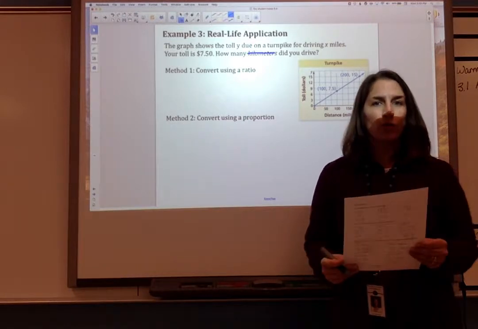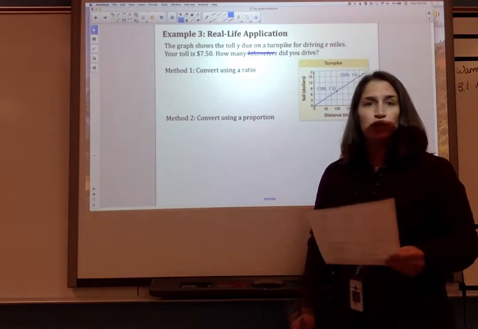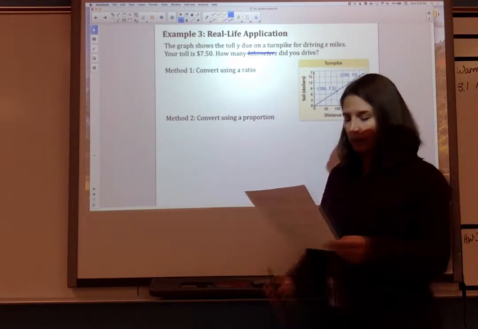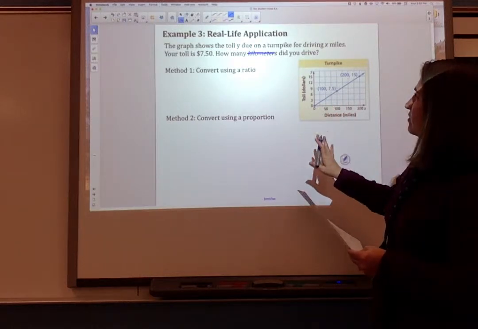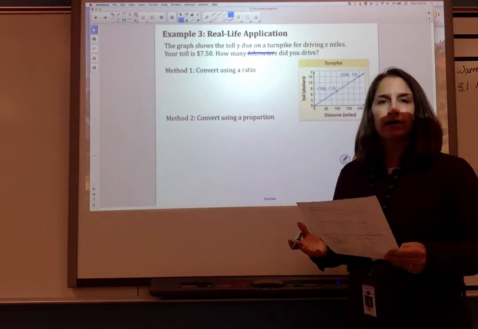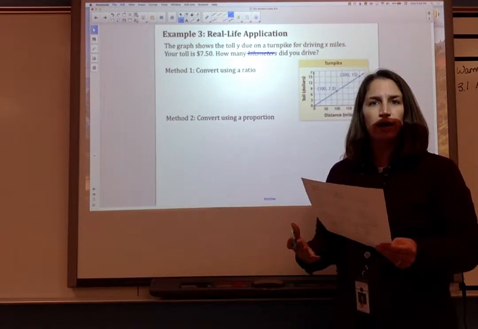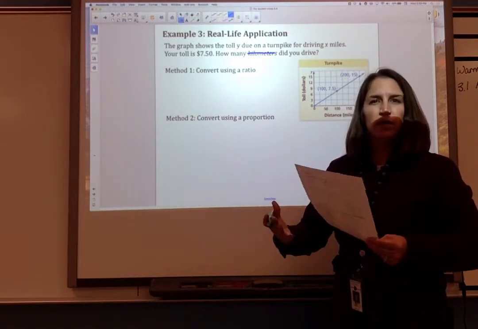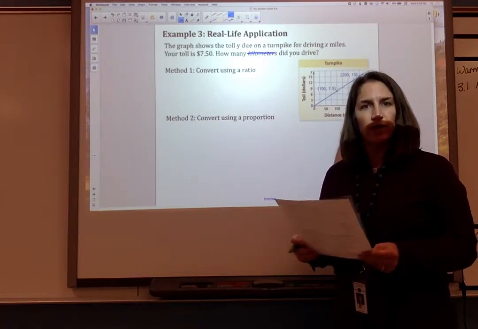So we need to convert 100 miles to kilometers. And we can do that two different methods. First, we're going to do it using a ratio. And we should note, I don't have this on the screen here, but 1 mile is approximately 1.61 kilometers. So when you're doing a conversion problem like this, if it's not an easy one that you should know, I'll give you that conversion.